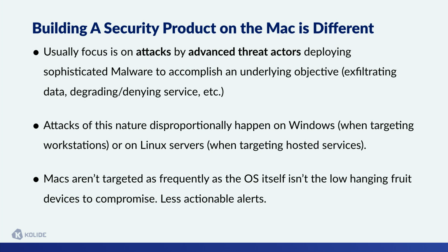So basically, Macs aren't targeted as frequently because the OS itself just isn't low-hanging fruit. From our perspective, if we had taken all the intelligence I had come up with throughout my entire career and tried to apply it to the Mac, it would result in zero alerts or really low-quality stuff. Of course, there's always the crypto locker stuff and a lot of the ransomware that's out there that you can write alerts for.